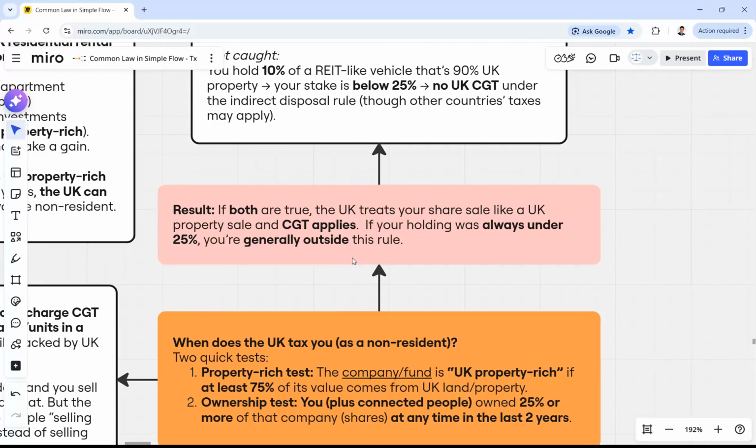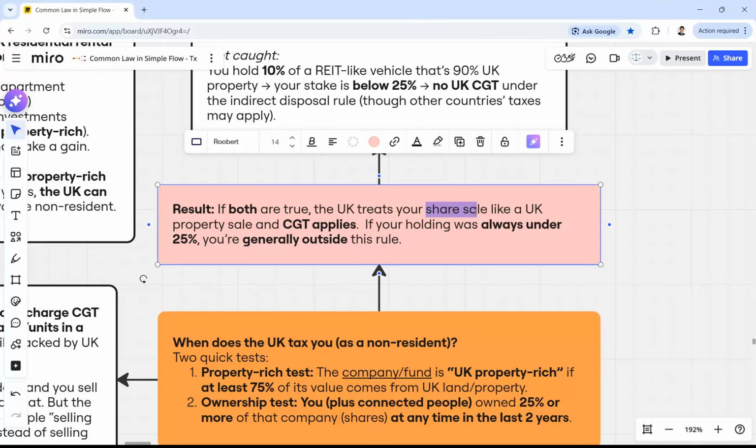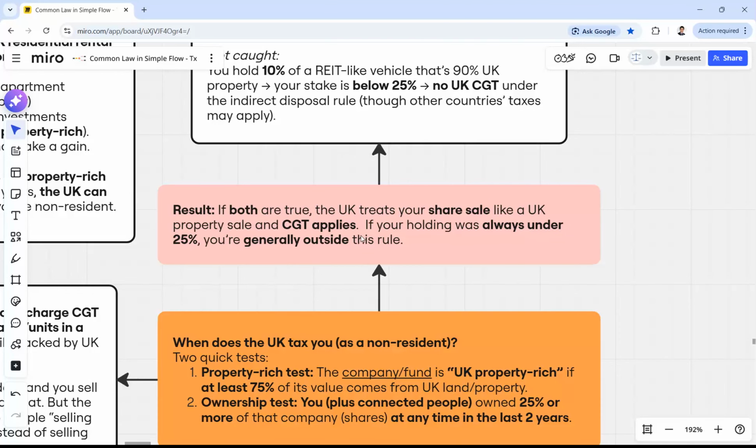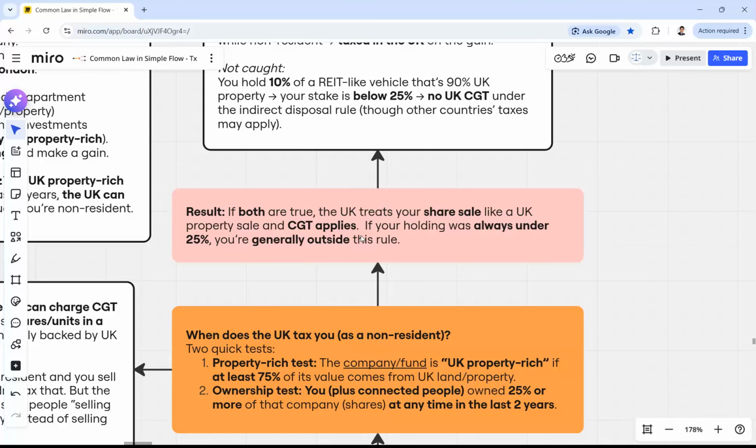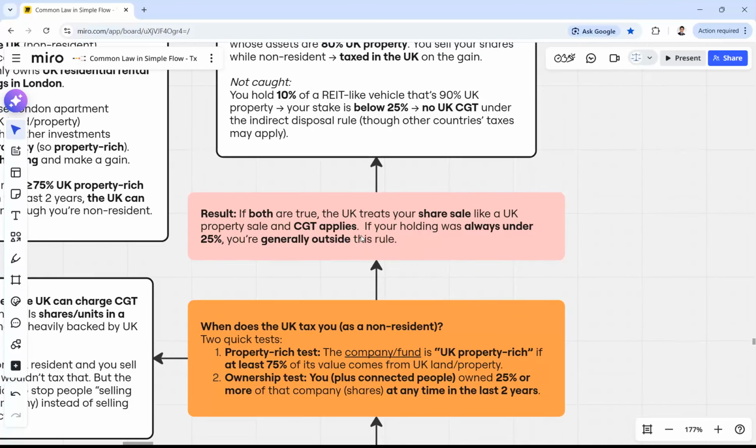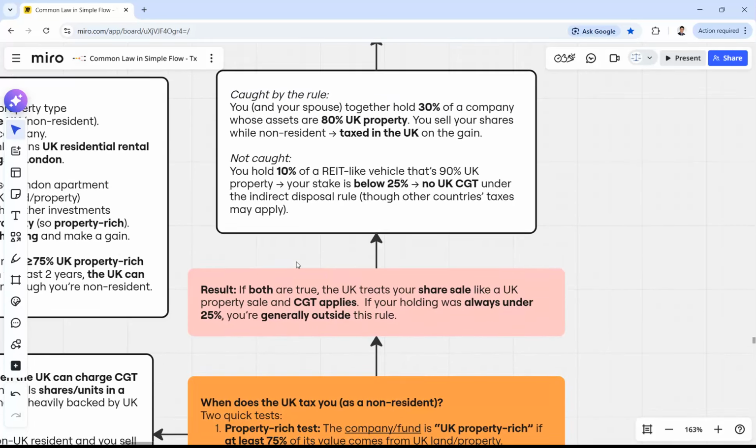The result is, if both are true, the UK treats your share sale like a UK property sale and CGT applies. So although you are selling shares, it will be treated like a property sale, and capital gains tax will apply. If your holding was always under 25%, you are generally outside this rule.